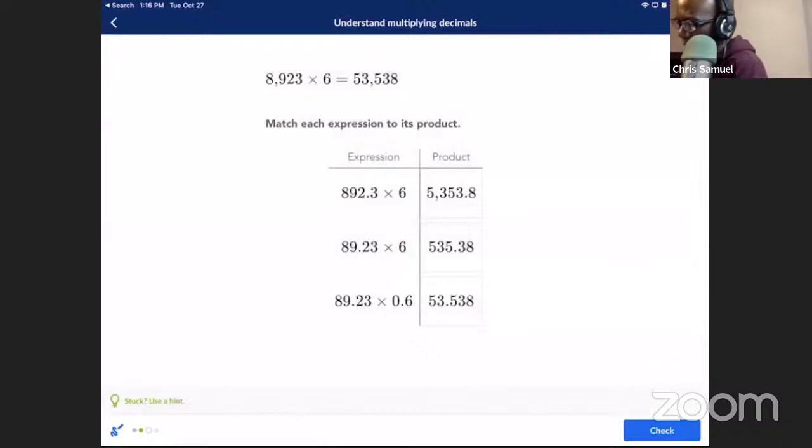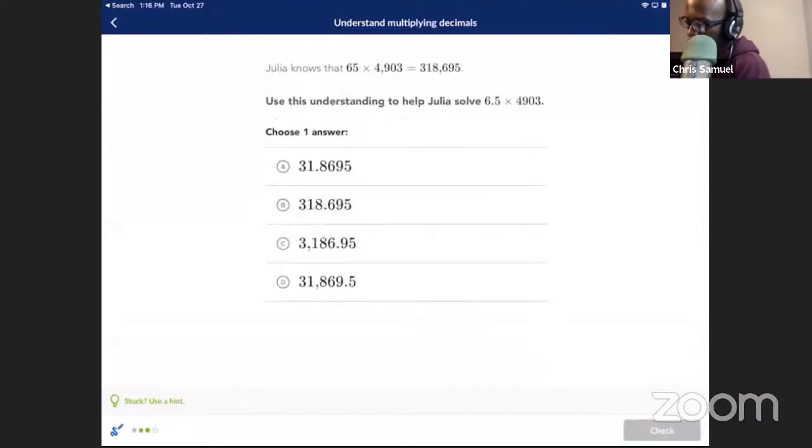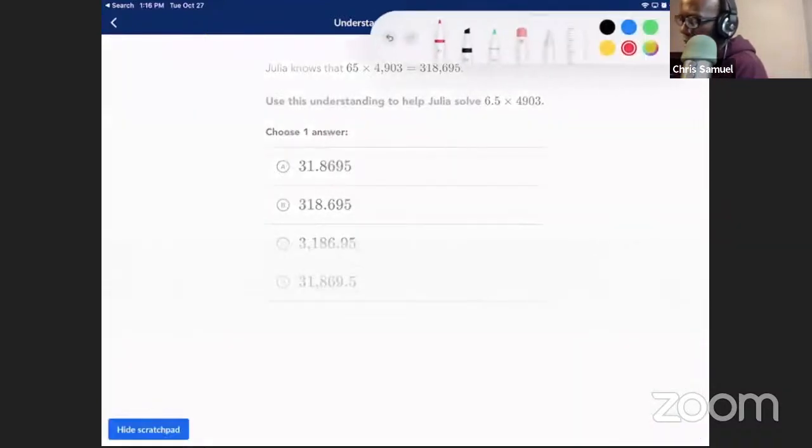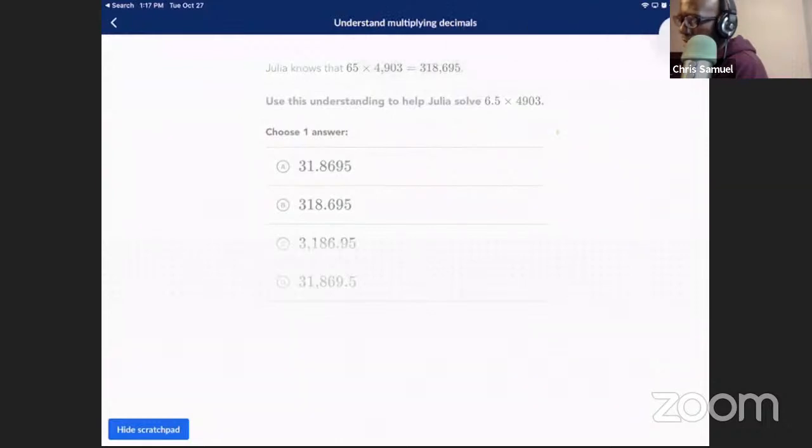So it can't be this, and that's how we can solve that without having to go too deep into it. I feel more confident actually doing these little mathematical calculations. So you have 65, and you have here times 4,903, and we know that that is at least 318 by 695.